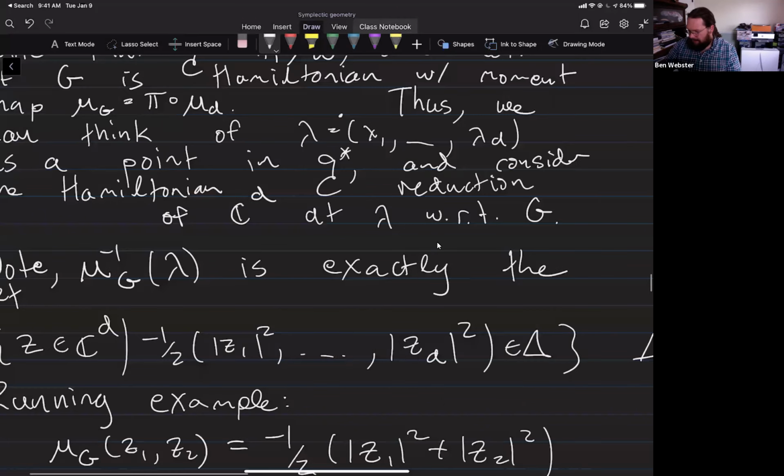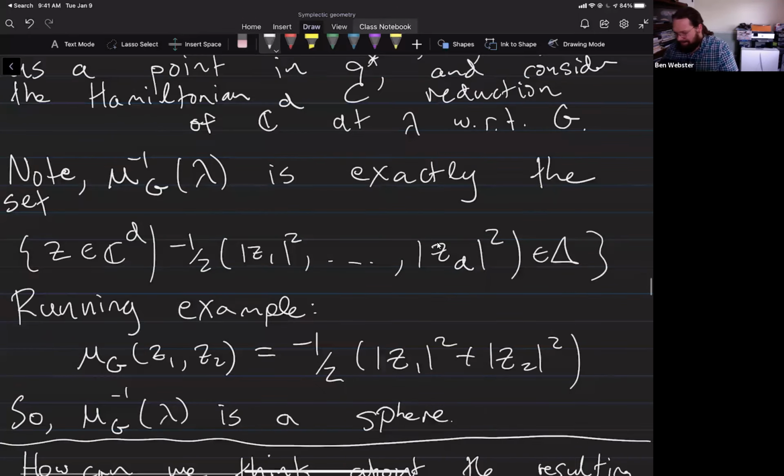So for example, let's go to our running example. When I take this diagonal subgroup, so now I'm looking at the interval in R, I'd found that G was the diagonal subgroup. So when I take the moment map to that, I just sum the two coordinates. So I get -1/2 times norm Z1 squared plus norm Z2 squared. And the moment map level is a sphere.